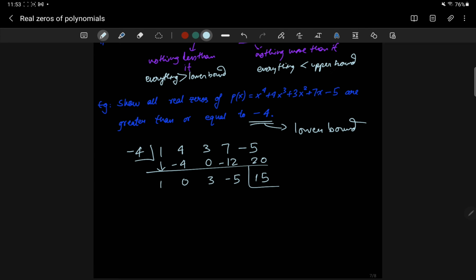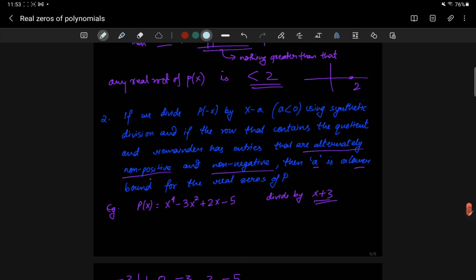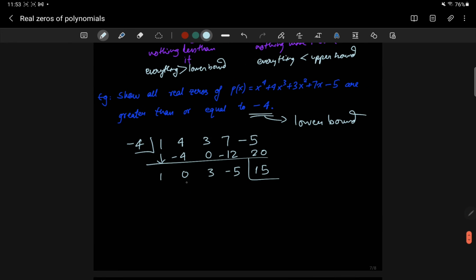Now, here is where you have to be careful that it doesn't say that it alternates between positive and negative. It's non-positive and non-negative, which means I'm free to interpret 0. So I can call this non-negative, I can call this non-positive because it's 0, I can call this non-negative, non-positive, and non-negative.